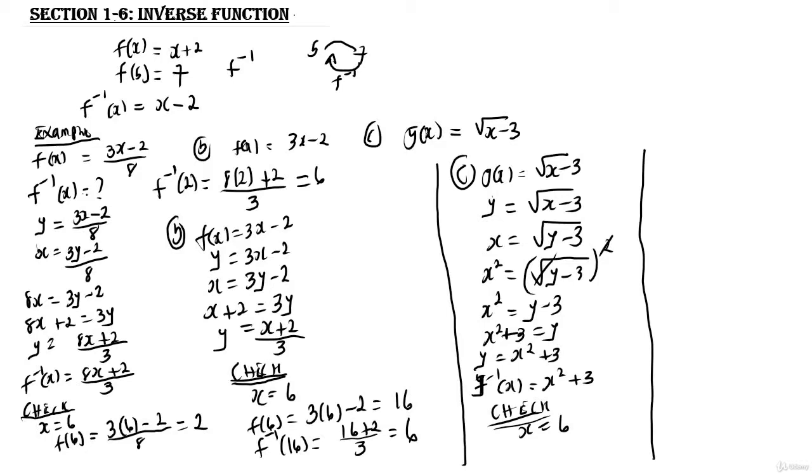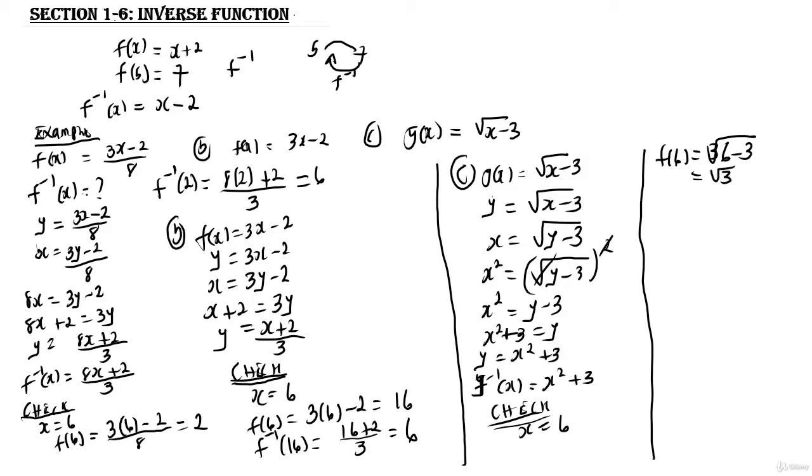So this is going to be f of 6 equals the square root of 6 minus 3. So the square root of 6 minus 3 is basically the square root of 3.